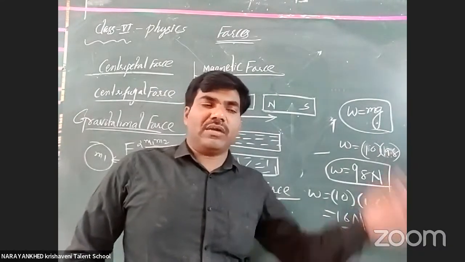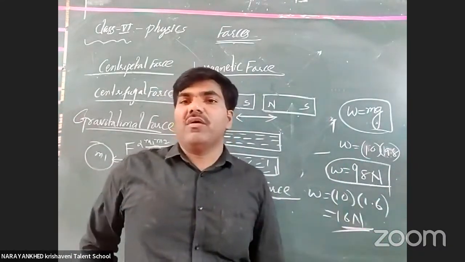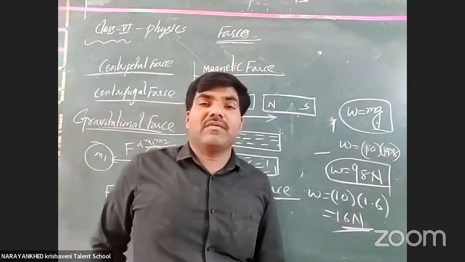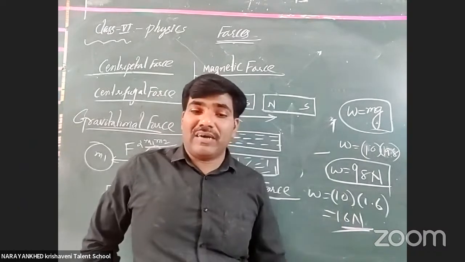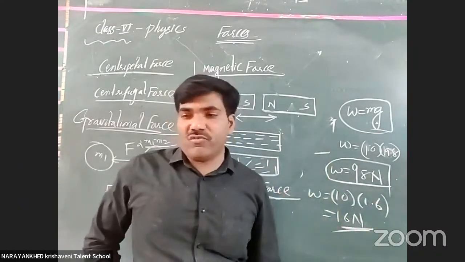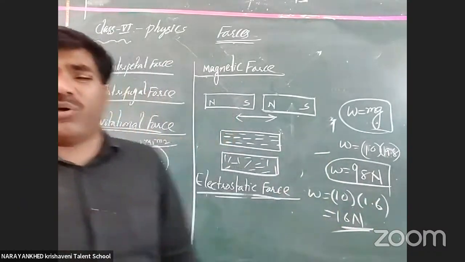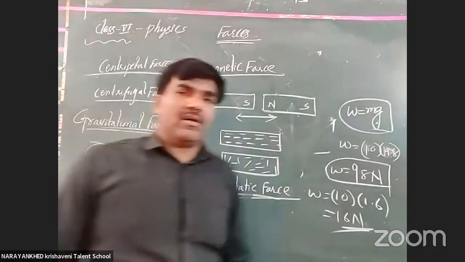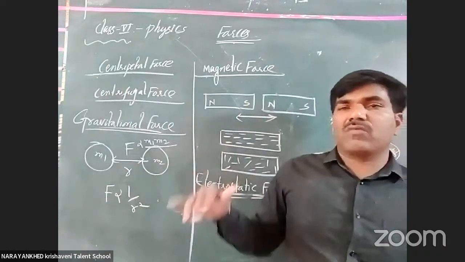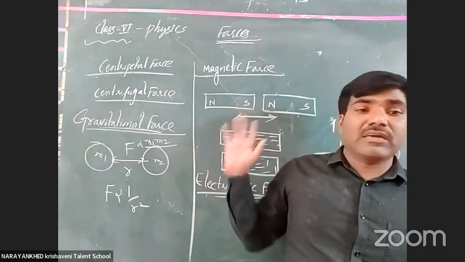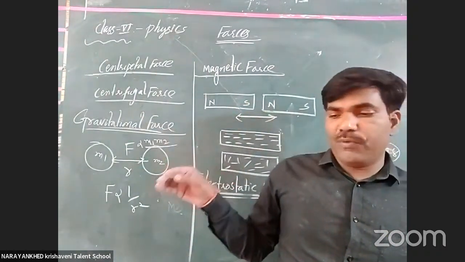Electrostatic attraction and electrostatic repulsion. Now, what are these forces actually called? They are called non-contact forces. Whatever we considered here, attraction and repulsion, these are all non-contact forces. I hope you understood.